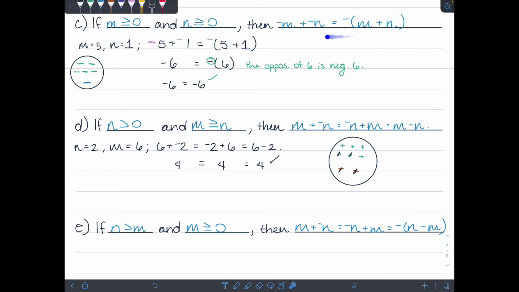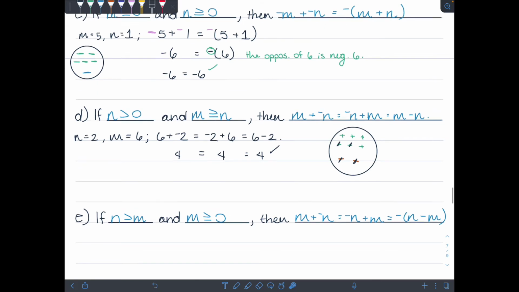This looks a lot like this definition, doesn't it?